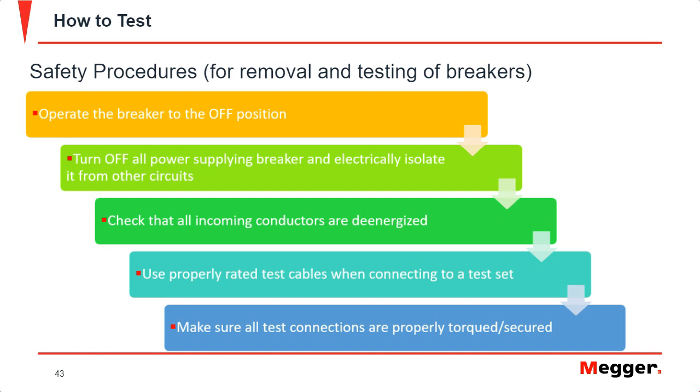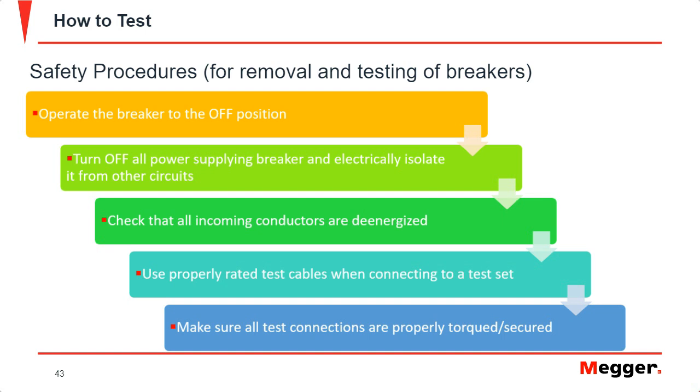Then you want to use properly rated test cables when connecting to a test set. That's important because if you use a smaller gauge wire while performing primary injection, it can heat up and burn through the insulation if it's not properly sized. To overcome that, if you only have smaller wires, you can parallel those wires and have multiple current paths.